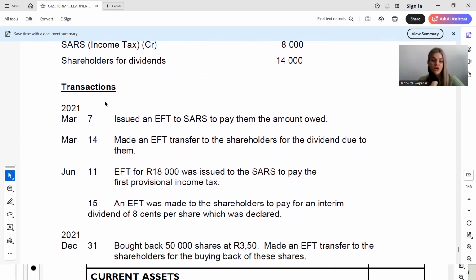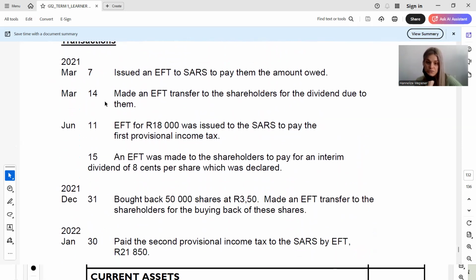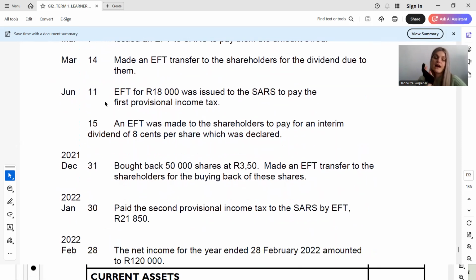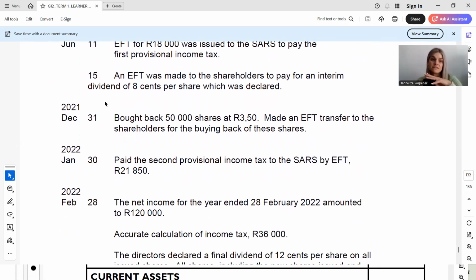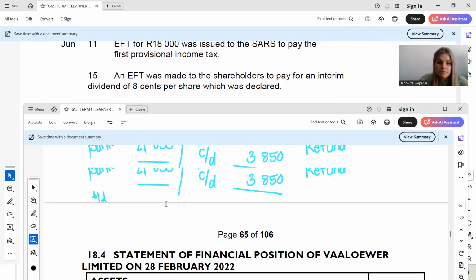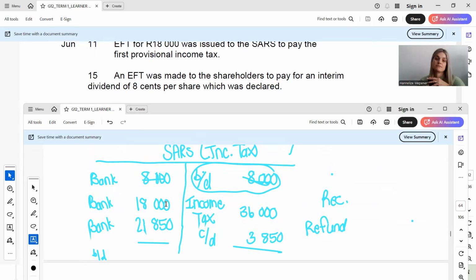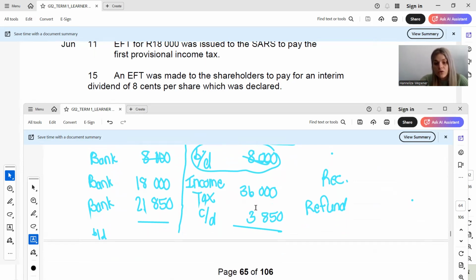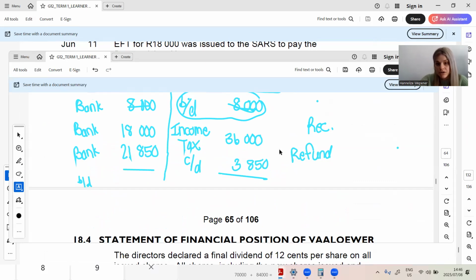Then, moving on, we have also now determined that we have a SARS income tax receivable, so a refund that's due to us. And we got to that answer by taking all of the SARS income tax payments for provisional tax, and then we set that off against our income tax for the year. And we then saw that SARS now owes us a refund of 3,850 Rand.